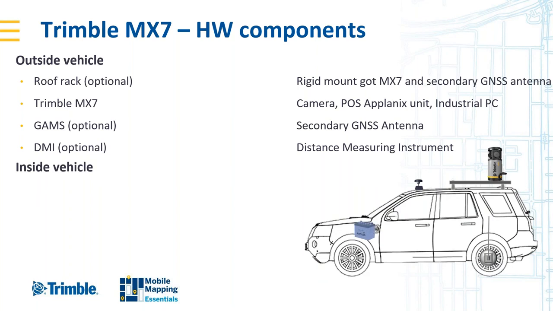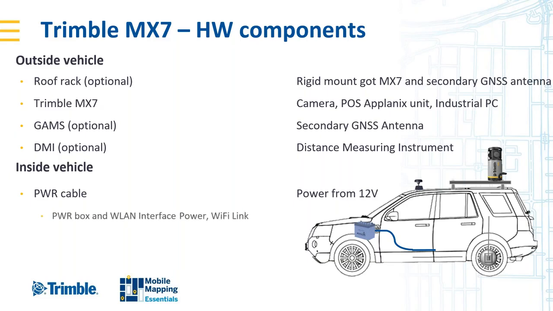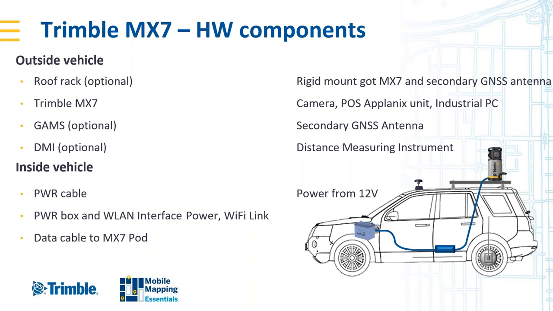Inside the vehicle, your vehicle will of course have its vehicle battery. We would take a 12-volt supply attachment from that. We would then attach that to our power box that sits inside the vehicle. This also has a Wi-Fi adapter attached to it that gives us a wireless network inside the vehicle. And then that is attached to the MX7 sensor head itself.